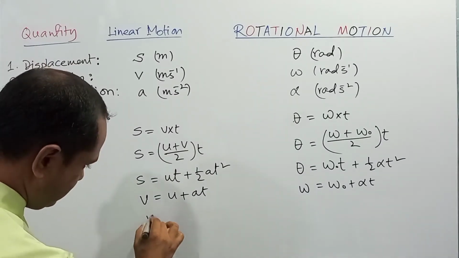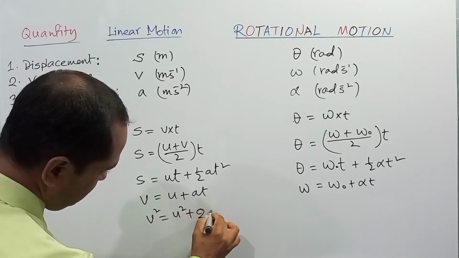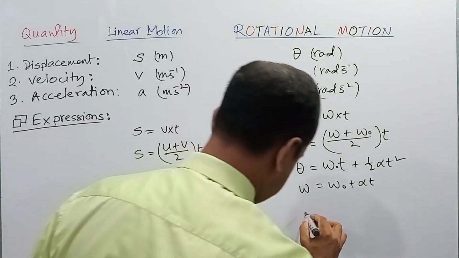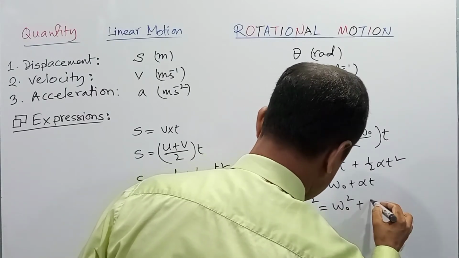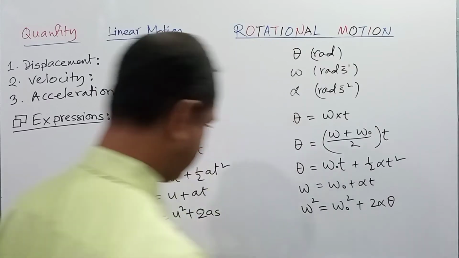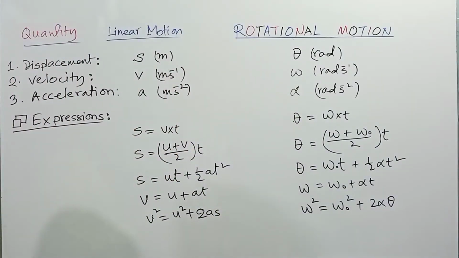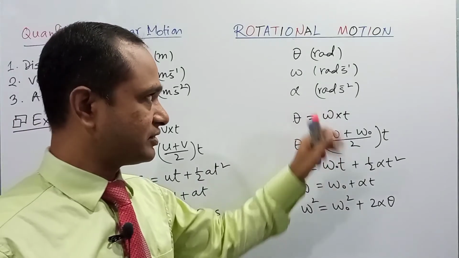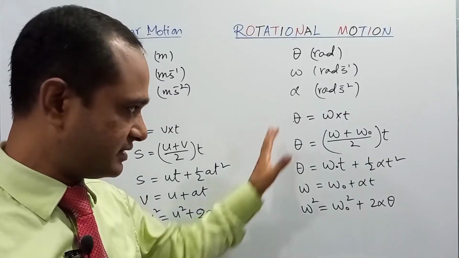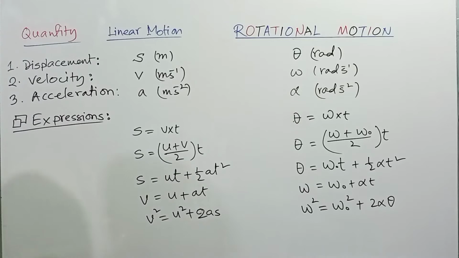Again, V square is equal to u square plus 2 a S; here omega square is equal to omega naught square plus 2 alpha theta, because theta is the analogous quantity of S. So dear student, these are the expressions which will be used for rotational motion. These are similar to the expressions used in linear motion, right?